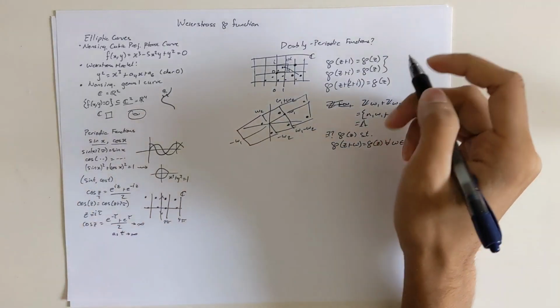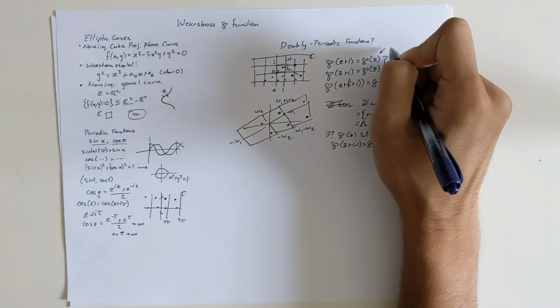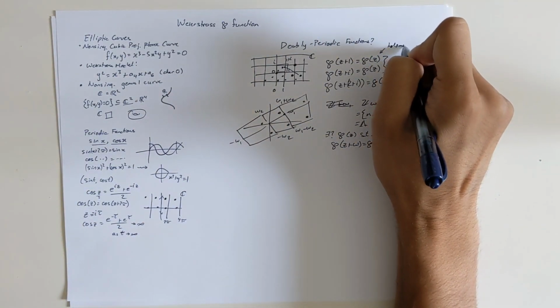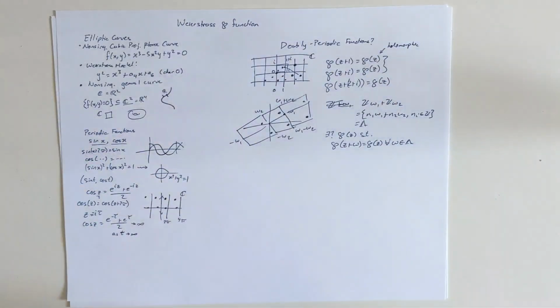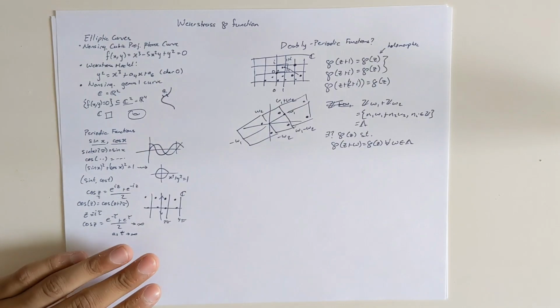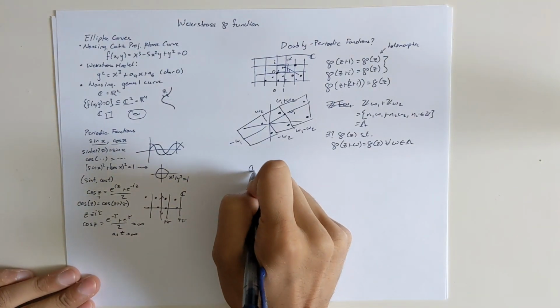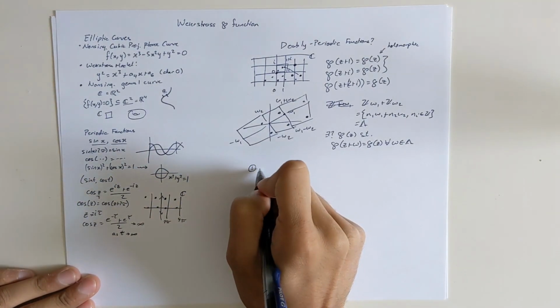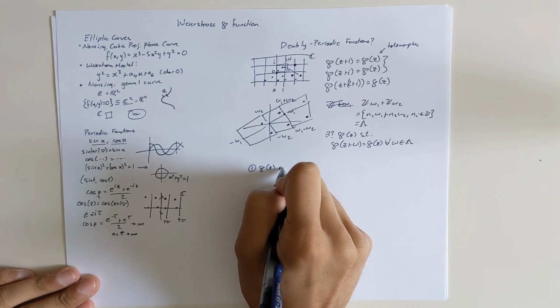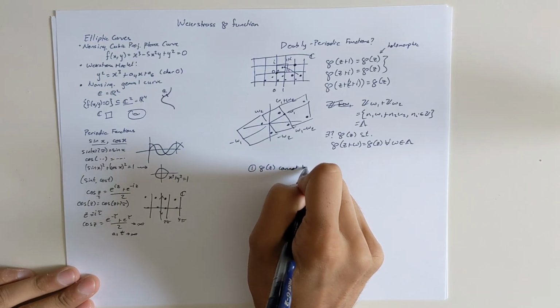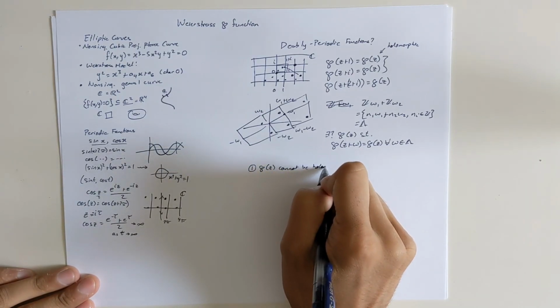One thing we want to say is that P of Z should be holomorphic. What this means is just complex differentiable or complex analytic, however you want to think about it, but functions which can be expanded as a power series in terms of Z. Okay, so observation number one: P of Z cannot be holomorphic.